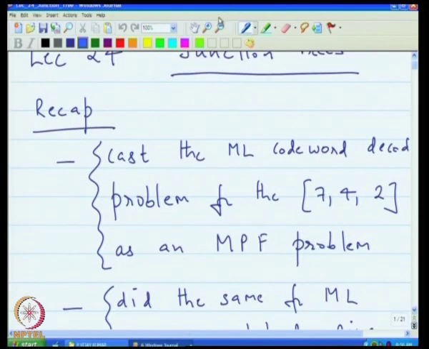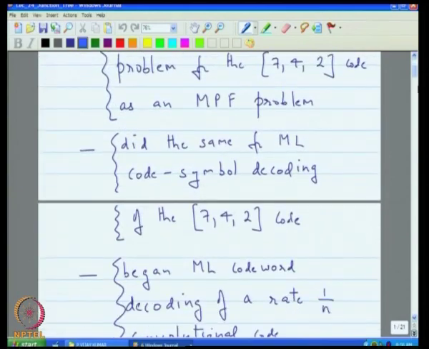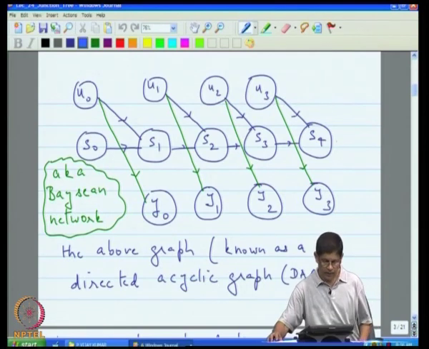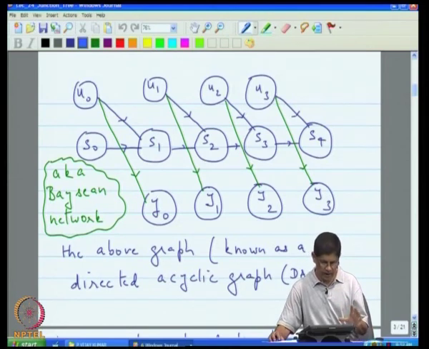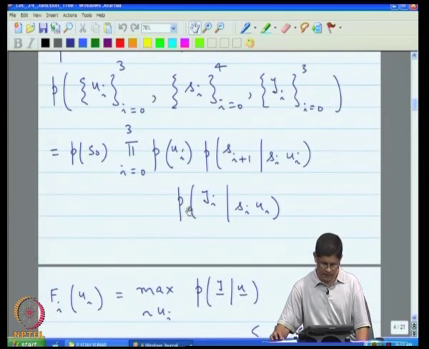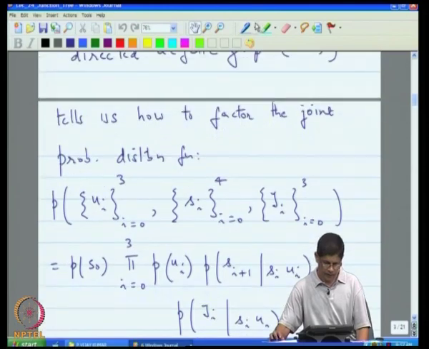So, let me go to 24 here, and we looked at this figure, which is a graphical means of depicting the factorization of the joint probability function of the message symbols, the output symbols, and the states of the convolutional code. And we said that this will factor like this, and that is what this figure is all about.